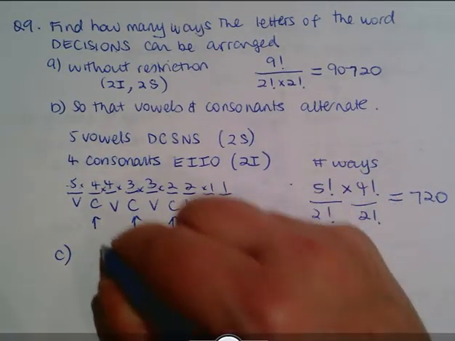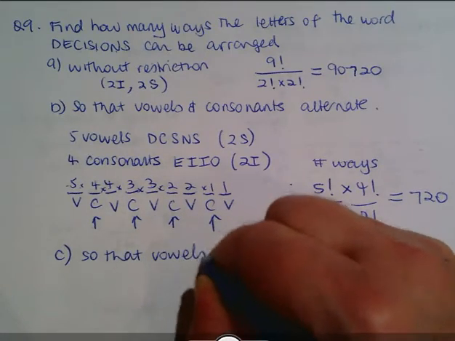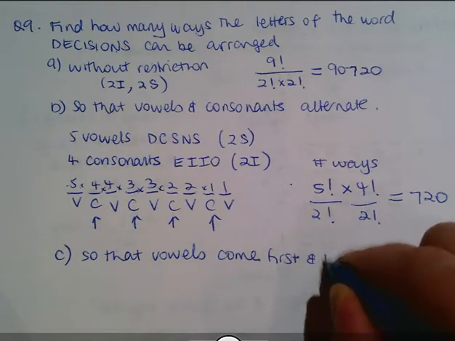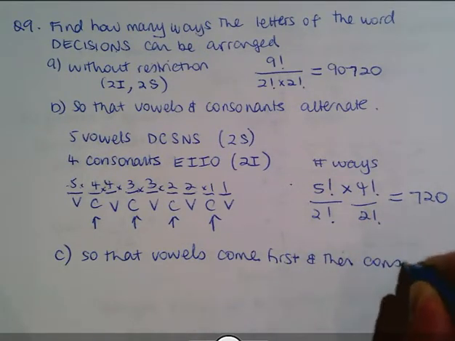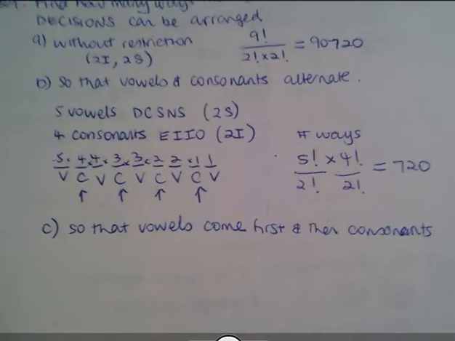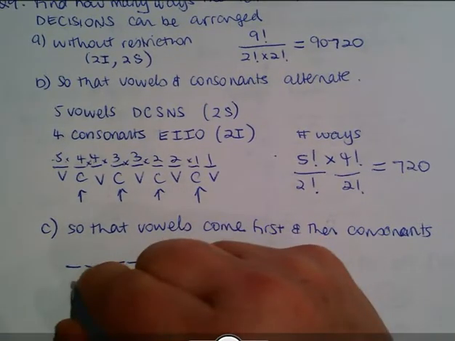And part C, we want to order it so that the vowels come first and then the consonants. I don't think it's even going to change it. So we want the 4 vowels first.